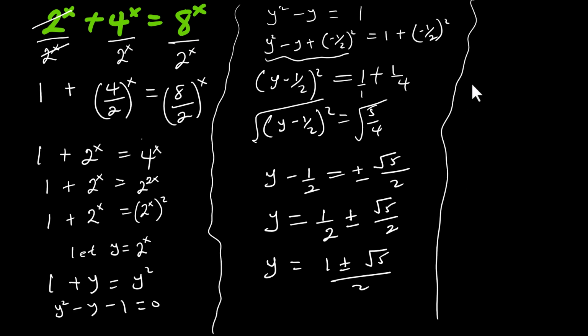Our final answer is y equals (1 plus root 5) over 2, or y equals (1 minus root 5) over 2.